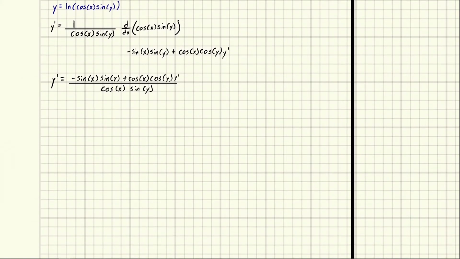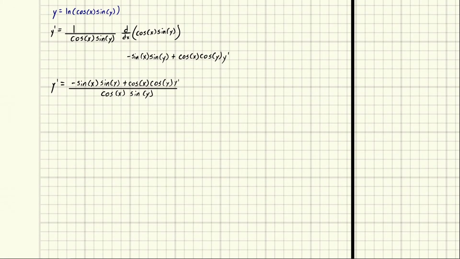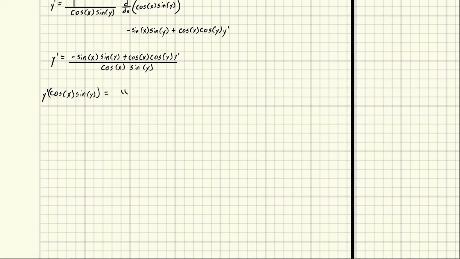So here we need to get the y primes together. So I'm going to multiply by cosine x sine y to both sides. This will simplify out the denominator here, and the left side will become y prime times cosine x sine y equals, and then all that stuff that's up there, I'm just going to put quotients.